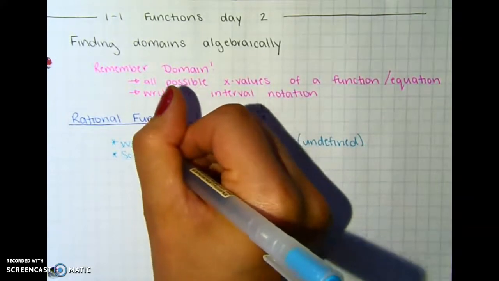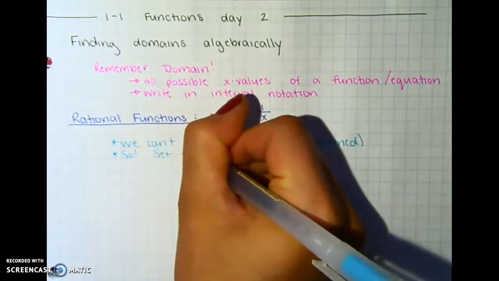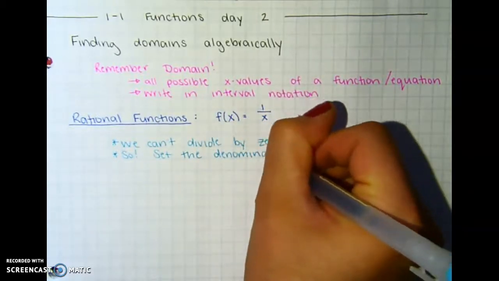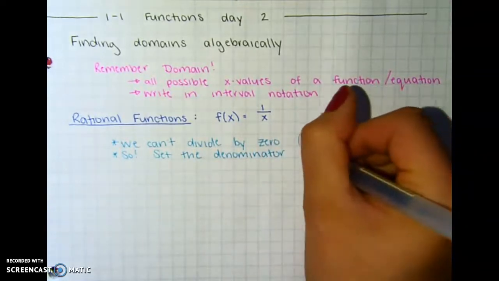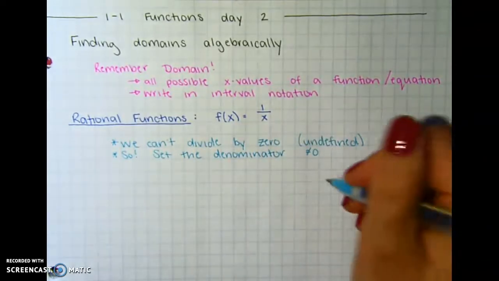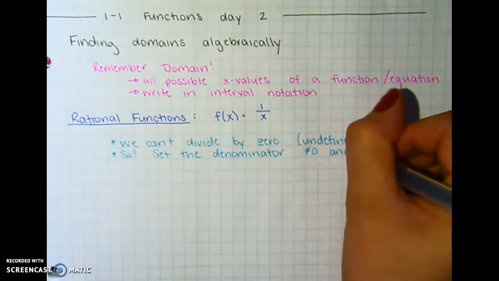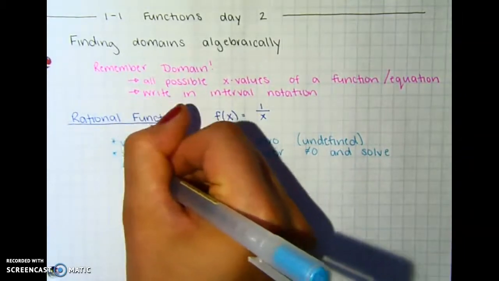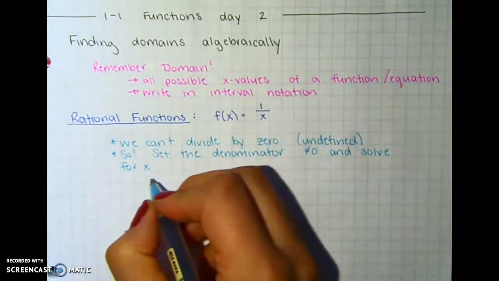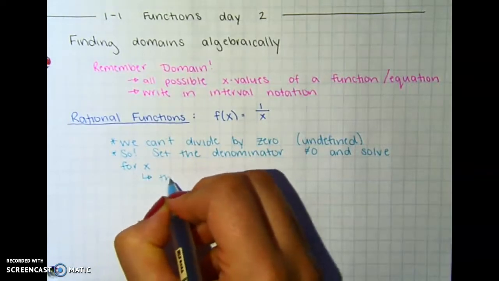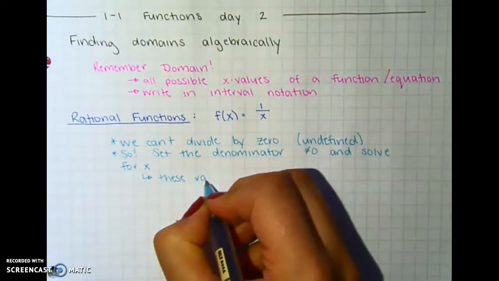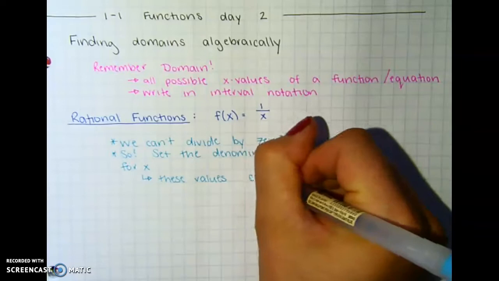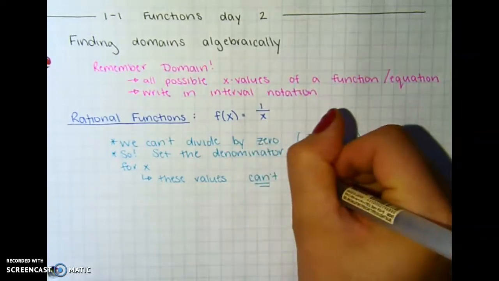So to do this, we set the denominator equal to 0, or not equal to 0 if you want, because it can't equal 0, and solve for x. These values can't be in the domain.